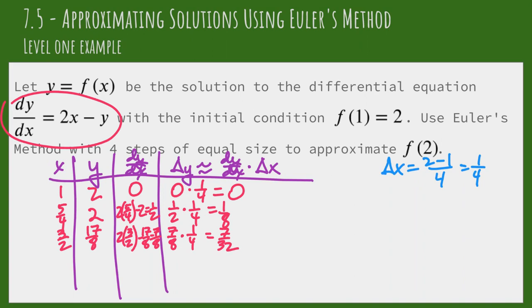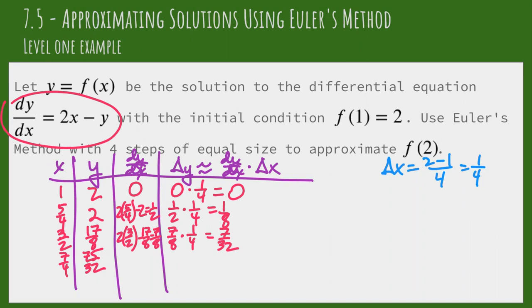So now we're going to add on delta x again, which would be 7/4. We're going to add on delta y. So 17/8 plus 7/32 is going to be 68/32 plus 7/32, so 75/32.